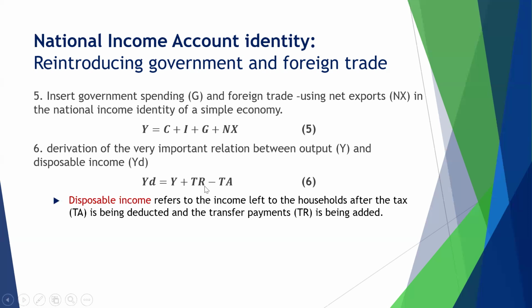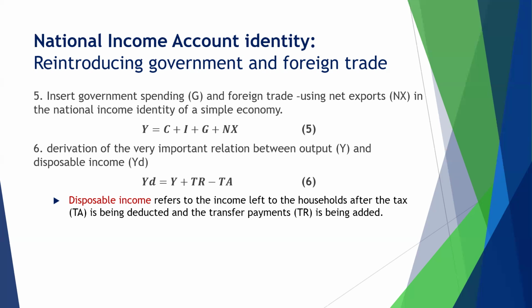The TR is added because if the government gives money to the household in the form of transfer payment, that money will serve as additional income for the household that will be used for consumption, right?